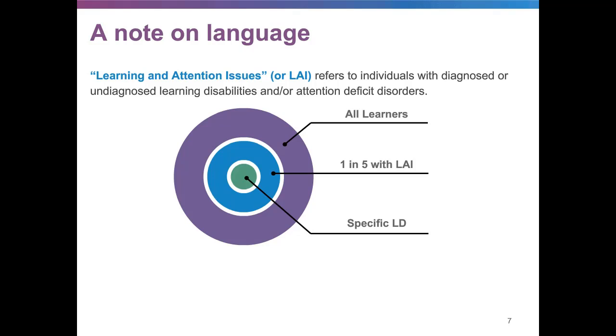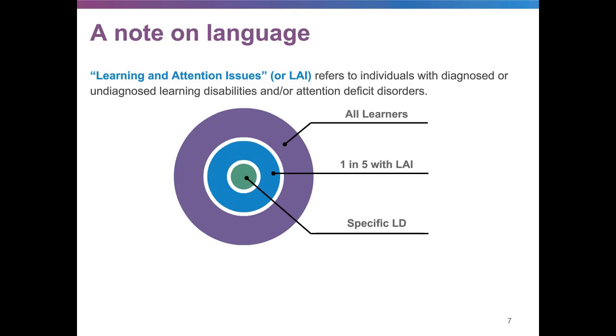So that's sort of how the vocabulary fits together. All learners, then a slightly smaller circle is the 1 in 5, and then a smaller circle than that is kids who are actually identified as having a specific LD for special education.